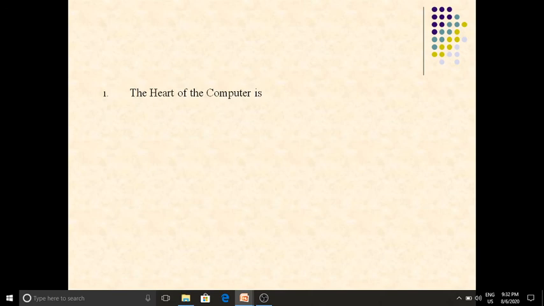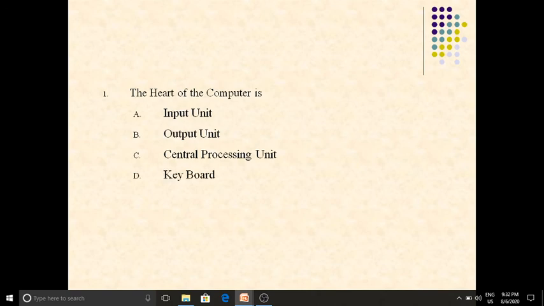Now, let us have some quiz questions. The first question is: the heart of the computer is, with options A, B, C, D. A is input unit, B is output unit, C is central processing unit, and D is keyboard.